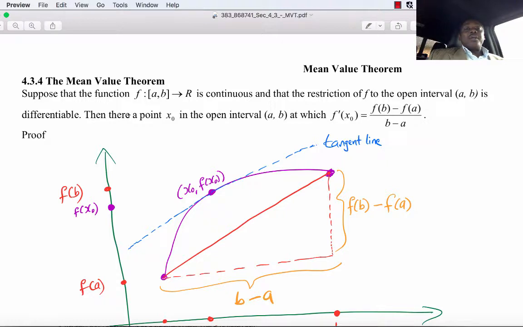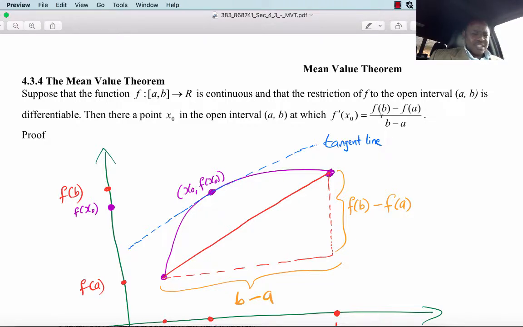Then there is a point x₀ in the open interval (a, b) at which the first derivative at the point x₀ equals (f(b) − f(a)) divided by (b − a).